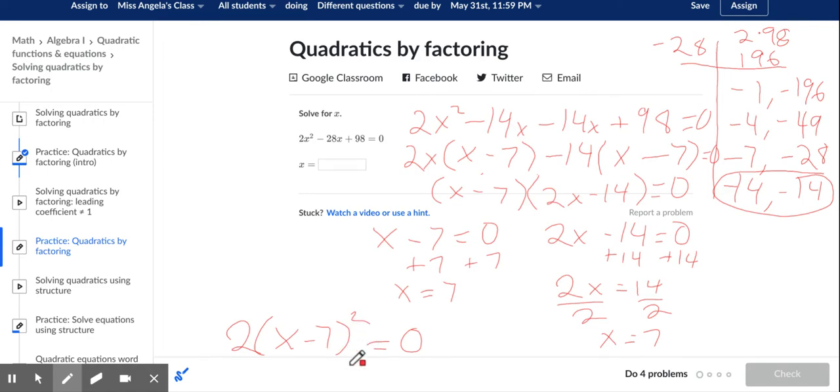If I have nothing added or subtracted out here when I write it this way. We'll talk more about this form next week. So if I can write it squared like this, that's when I have only one solution.